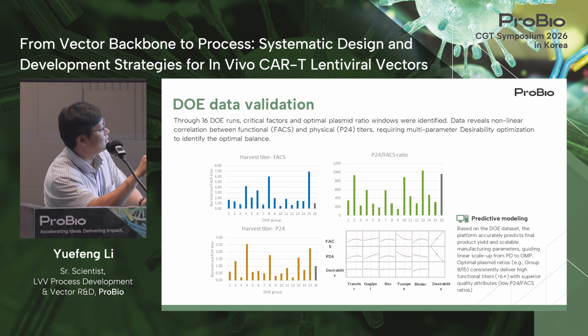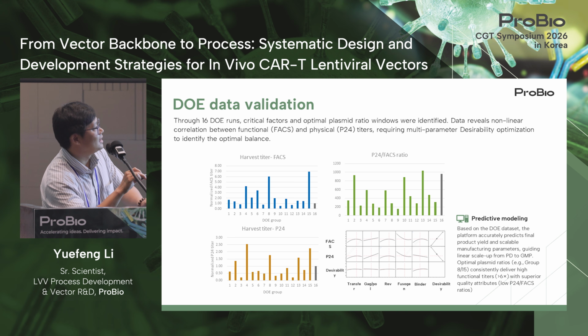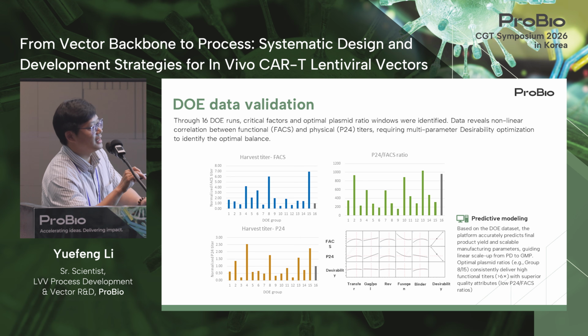It shows different factors here: transfer plasmid amount, Gagpol plasmid, Rev plasmid, fuser gene plasmid, and binder plasmid. And we adjust these accordingly and see the titer, the P24 production of LVVs, and choose the optimal one.